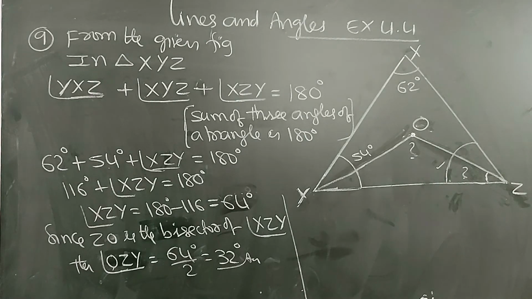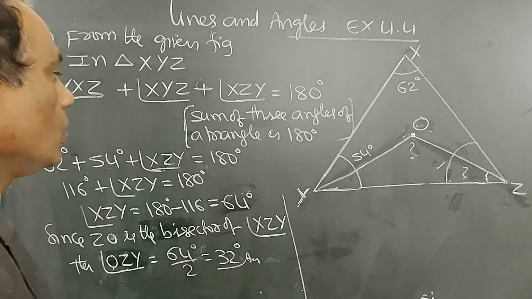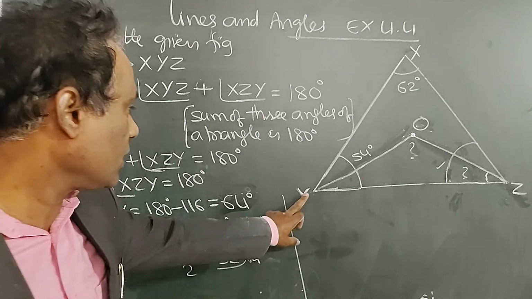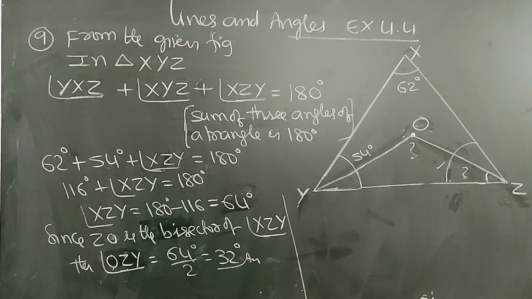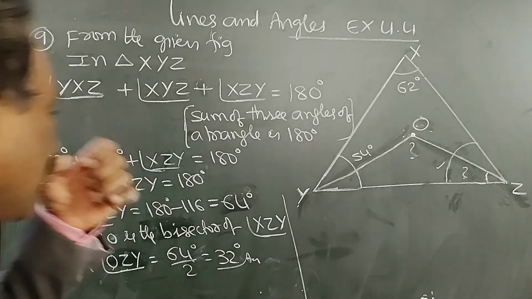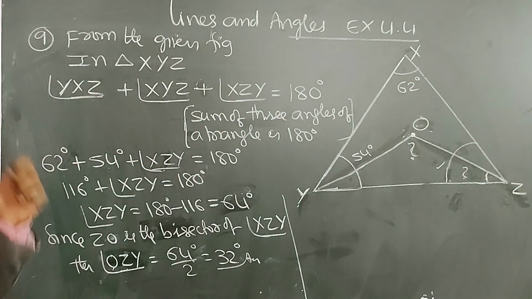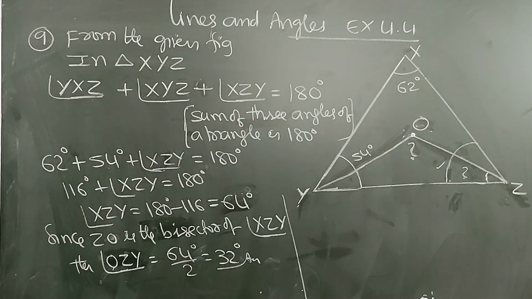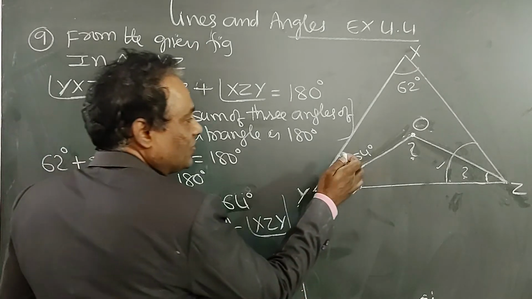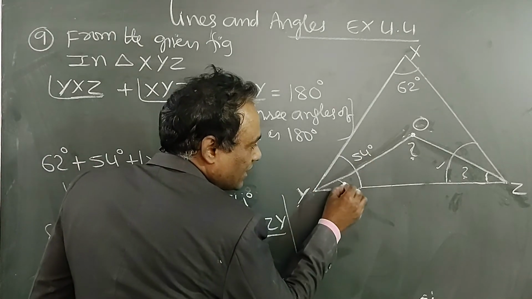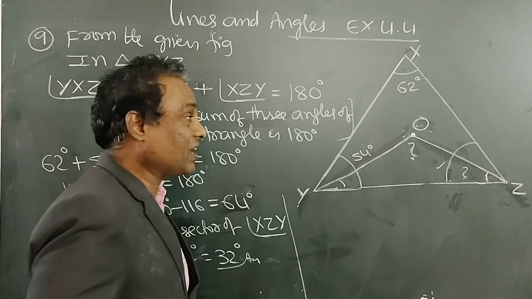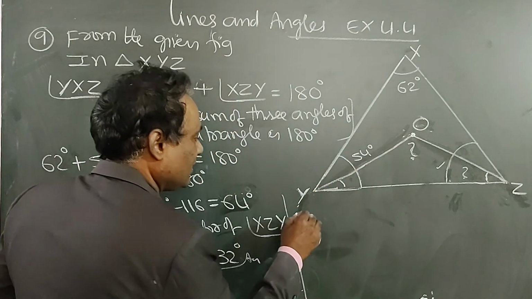Next question. OZY is over. Another question is YOZ. This angle is also asked. See here, this total is 54, so what is this smaller angle? Half of this, because this is also a bisector.